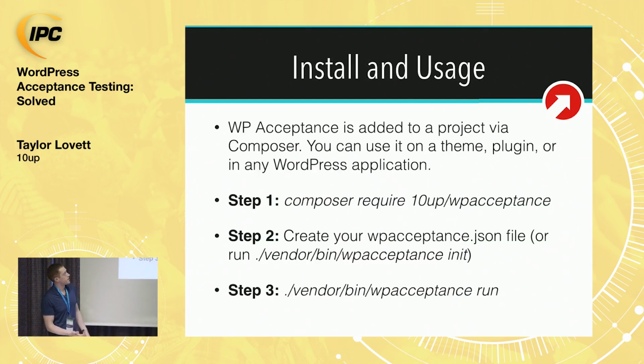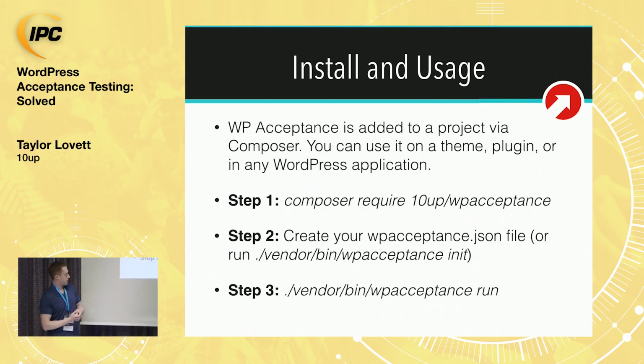So, installation and usage. WP Acceptance can be added to your project via Composer. You can use it on a theme, on a plugin, or on an entire WordPress installation, pretty much however you see fit. We're typically version controlling the root of wp-content and then adding wpacceptance.json to the wp-content directory.